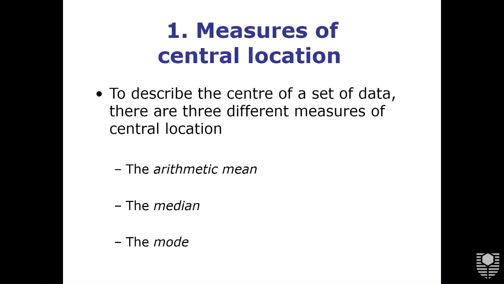So measurement of central location. We have the mean, median and mode. Those are the 3 most important measurements of central location in accounting. If you read any accounting papers or professional reports made by professional agencies, because it's not just academic.